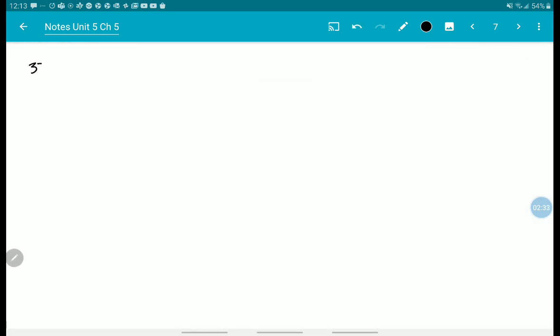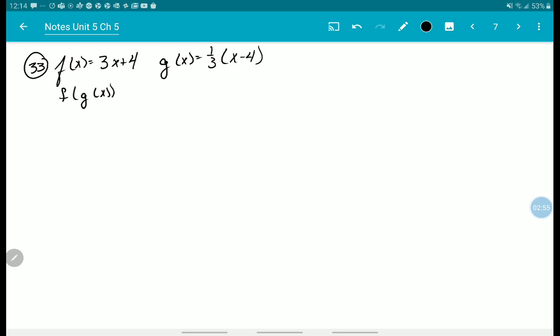Let's look at number 33. We want to verify these are inverses. So let's form some composite functions, f of g of x.